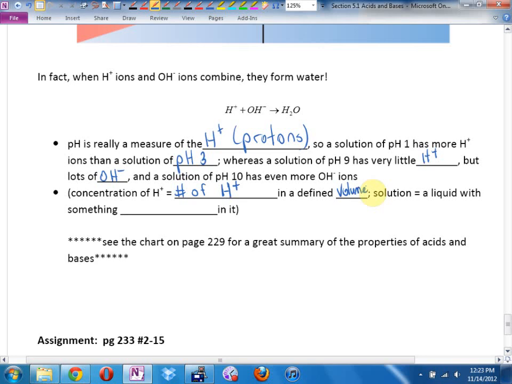Less concentrated, you got less hydrogen ions kicking around in that liter. And another new word, the word solution. That's a liquid with something dissolved in it. So what you were dealing with during your lab was various solutions.